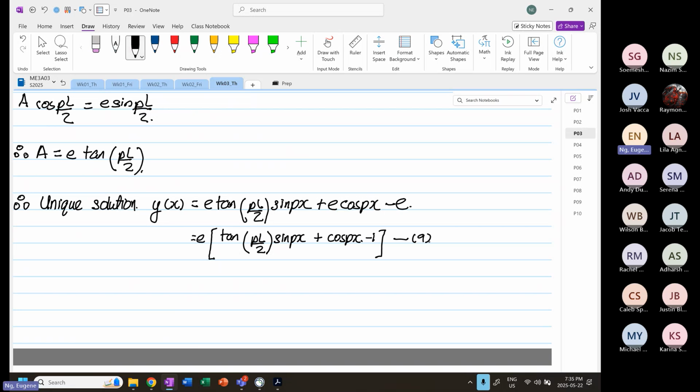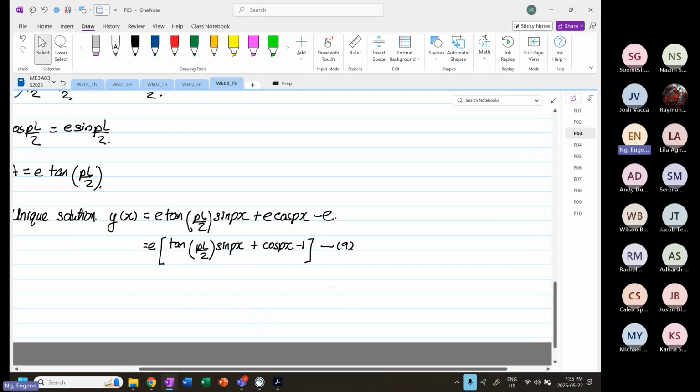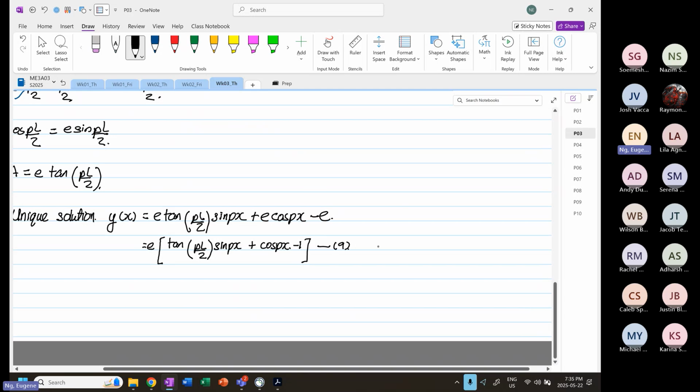And this is equation number 9. And this equation is only true when x is equal to 0, y is equal to 0, and x is equal to L, y is also equal to 0.